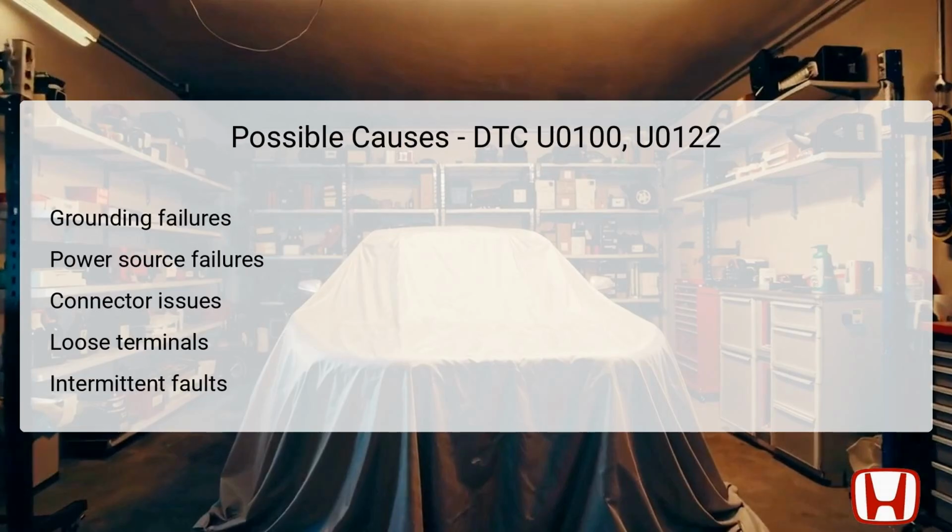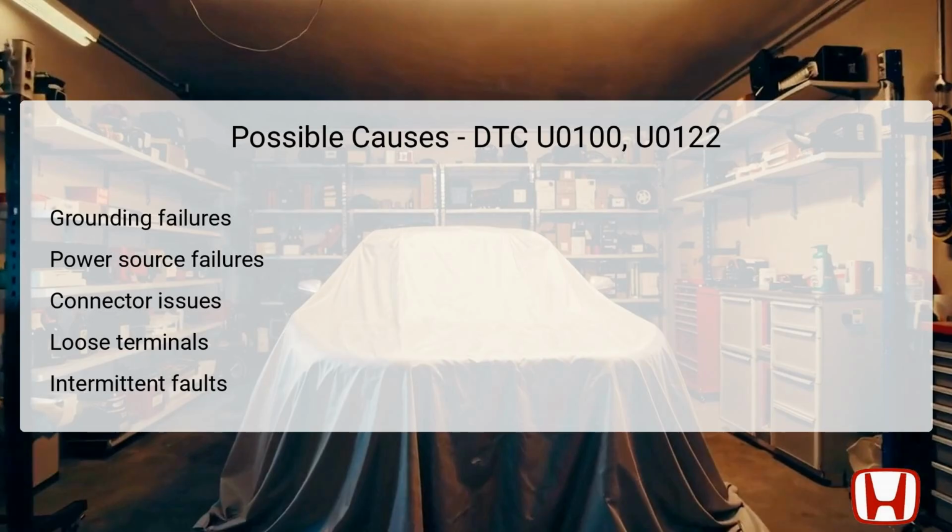There are several possible causes for the DTCs U0100 and U0122. Grounding failures can disrupt the electrical circuits necessary for communication between control units. Power source failures can also lead to communication breakdowns, as the systems require stable voltage to function.